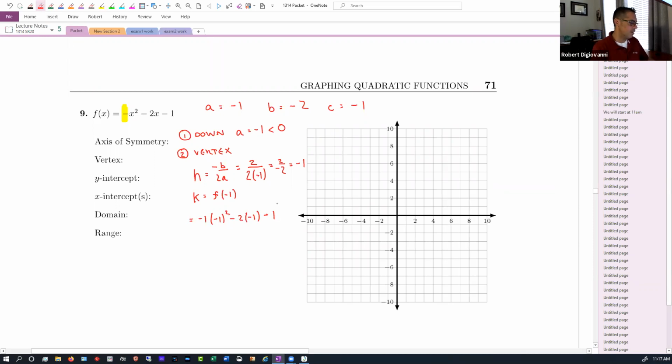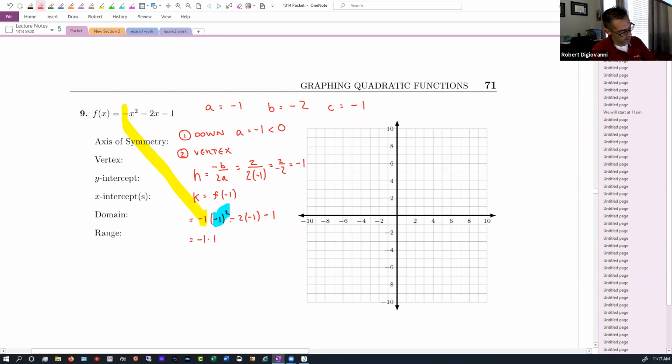You see how it's all these little signs you have to be careful with here, like that negative right there. Now let's do order of operations. We'll do the exponent first. What's -1 squared? 1. But then we have a -1 in front of it, so it's -1 times 1.